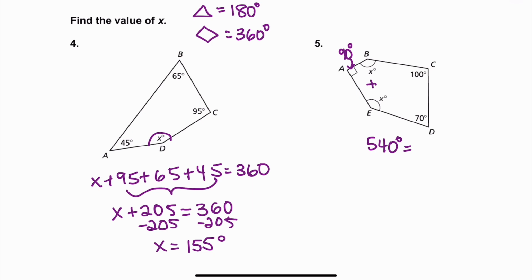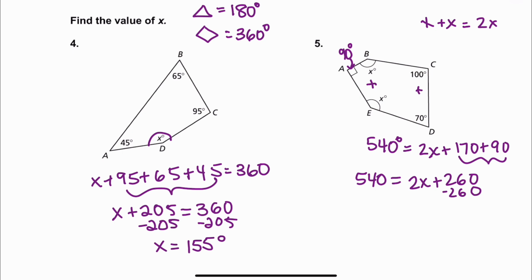Now if I add x plus x, 1x plus another x, that's going to give me 2 x's. So I have 2 x's plus 100 plus 70 is 170 plus 90. Let's combine 170 plus 90. That gives me 260.